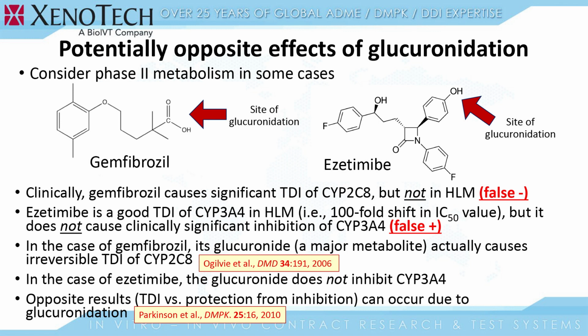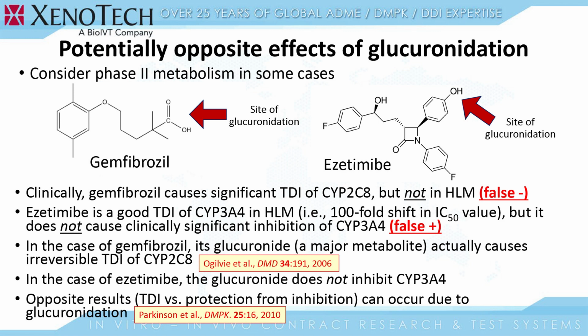So therefore, there is very little of the ezetimibe present to inhibit CYP3A4. So the rapid glucuronidation in vivo is kind of protecting from the inhibition of CYP3A4.